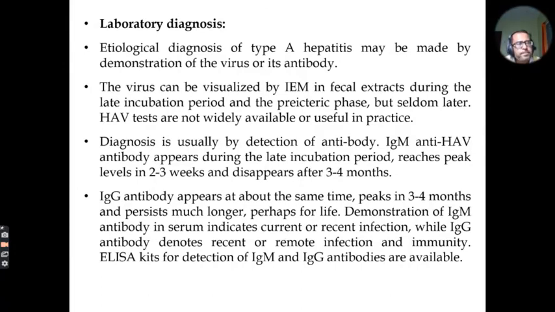The second type of antibody which is developed is the IgG antibody. It appears at the same time, it peaks in 3 to 4 months, and this IgG antibody persists for a longer period, or perhaps for the life of that person. Now the demonstration of these two antibodies can be useful for the diagnosis process.